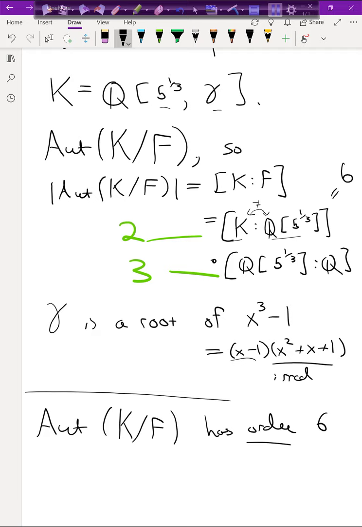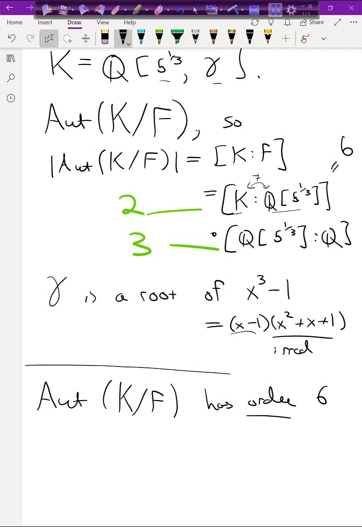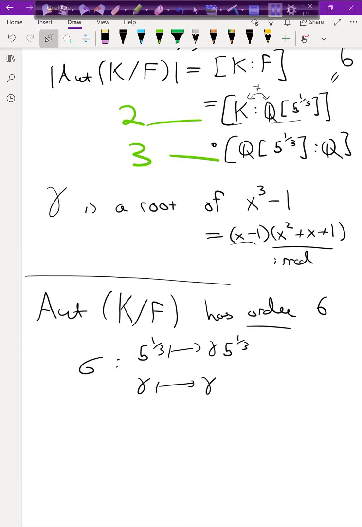And I can write down 2 elements in it. How about I call them sigma? Any element of Aut K over F is completely determined by where it sends 5 to the 1/3 and where it sends gamma. Let's say sigma sends gamma to gamma, and sends 5 to the 1/3 to gamma times 5 to the 1/3. And let's say we have another element, let's call it phi.